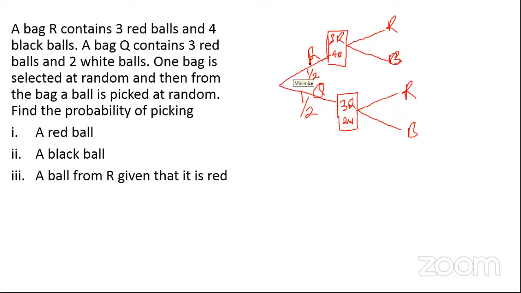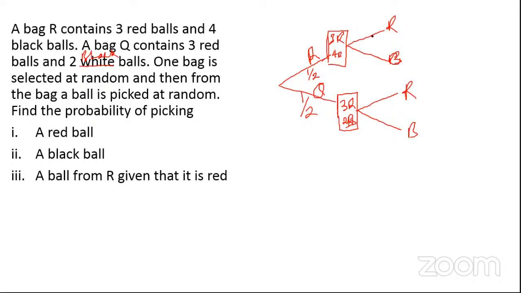There are supposed to be red balls and black balls in bag R. So that is just a typing error. So this one is also supposed to be black. Yes, it was just a typing error here.